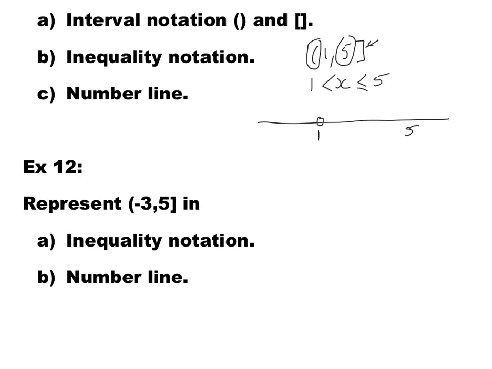And 5 is included, so it's going to be a filled circle. So this interval is represented in 3 different ways. One was interval notation, the other one is inequality notation, and this one was number line notation.